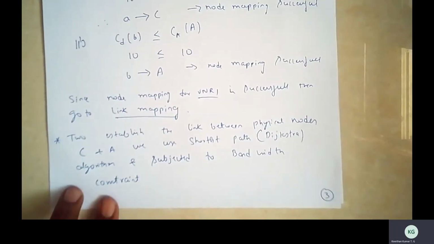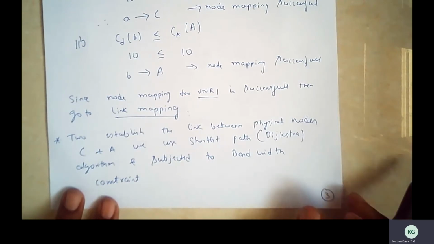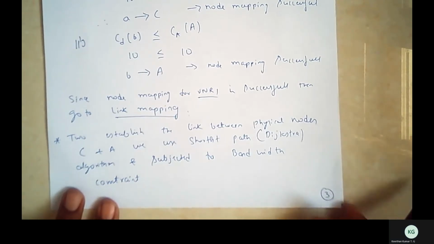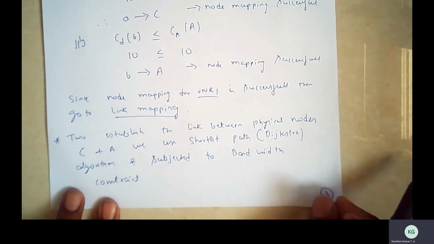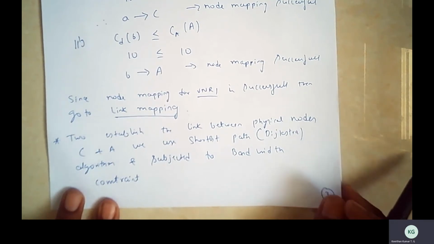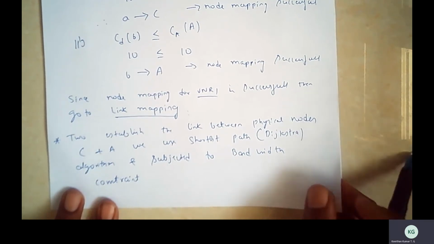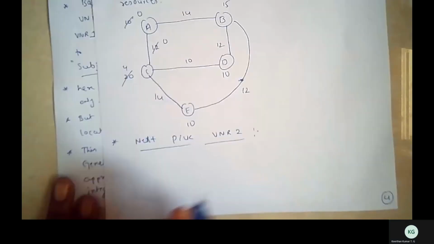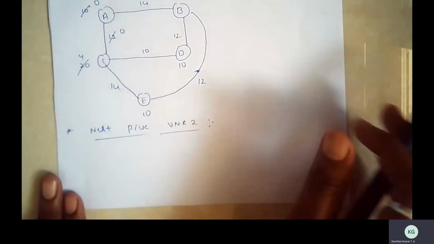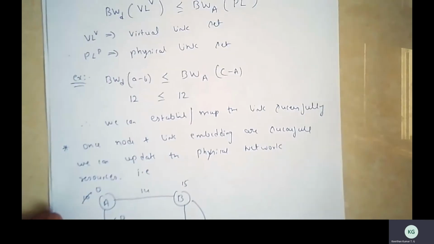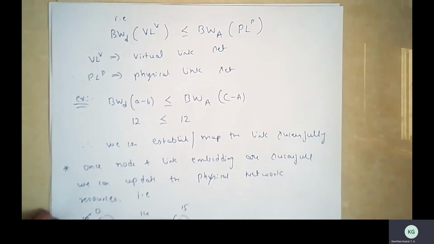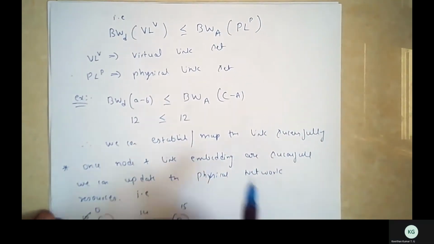But here, since there were 12 units between A to C, I can directly establish the shortest path from A to C. Next, this is the bandwidth constraint we need to cross-check before placing the link.